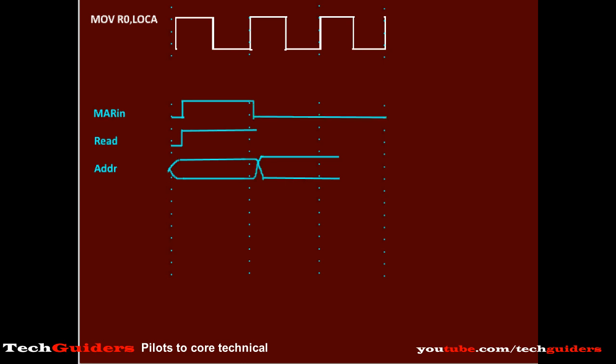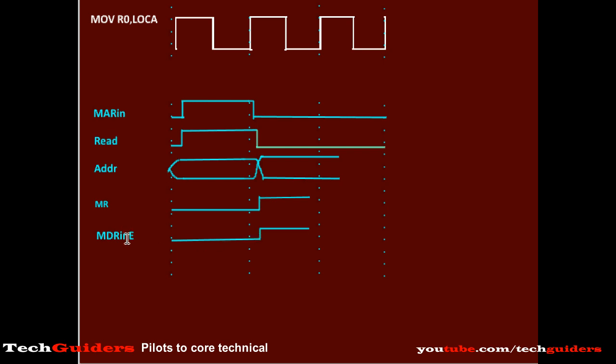And when the address is available, at the interface a memory read signal is generated in order to read the corresponding data from the memory, and at the same time we keep the MDR in E signal active within the processor in order to read the corresponding data into the memory data register.